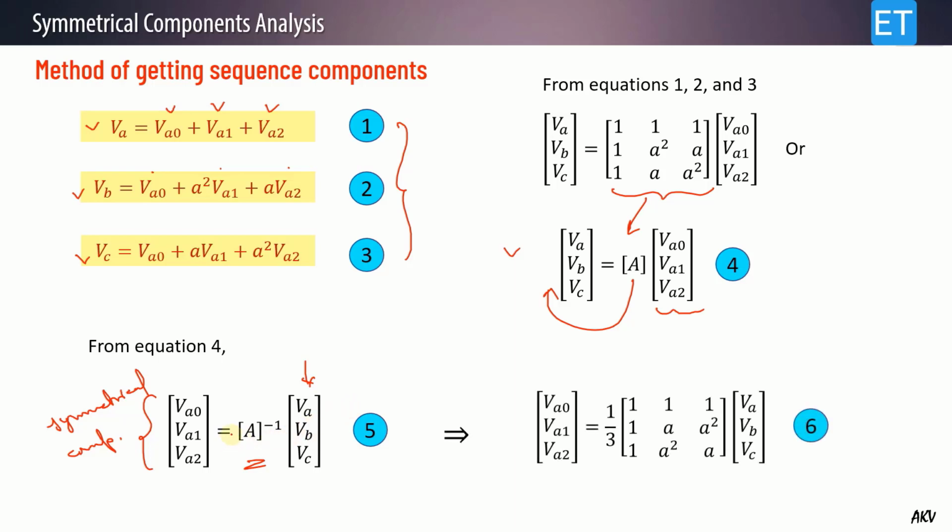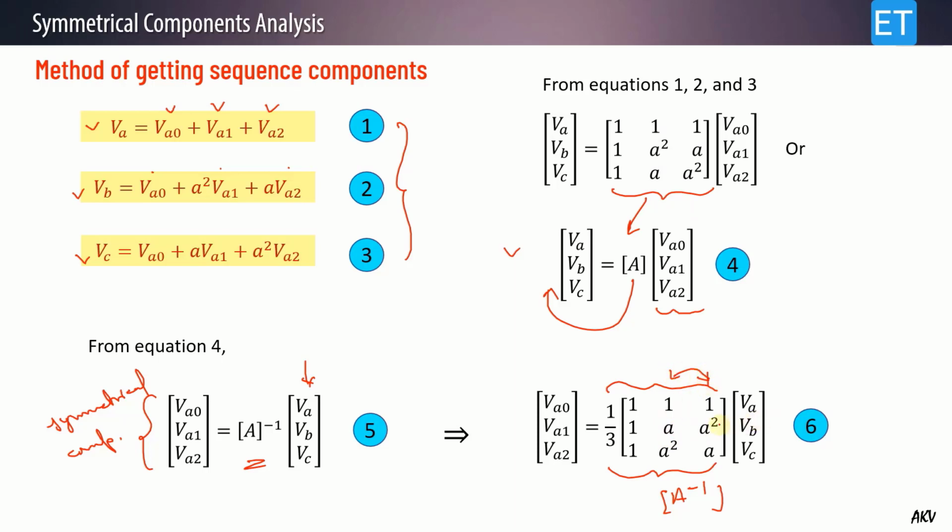And now in equation 6, this matrix shows how we achieve this A inverse. The A inverse is obtained by this matrix, that is 1 upon 3 times a matrix. If you compare this with A, we are getting the 1 upon 3, and also the second and third columns are interchanged.